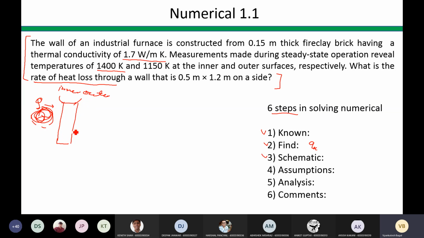Inner and outer side. So the heat transfer will take place from this hot region to the inner wall, and from there it will be conducted through this slab or the wall.